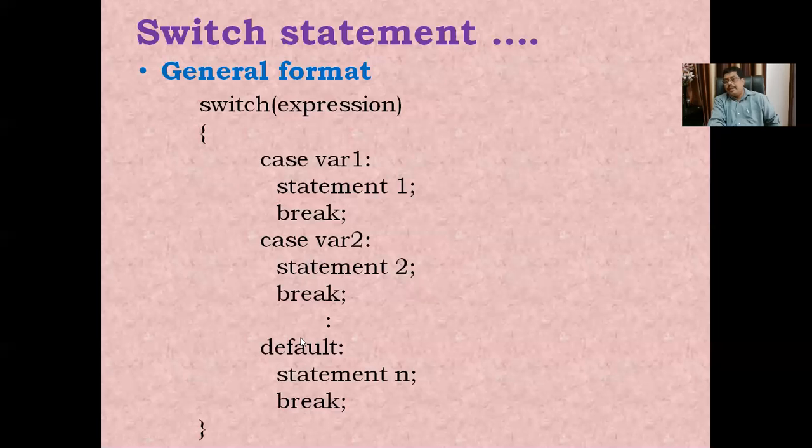Because of that reason, we use the break statement. You are already familiar with the syntax of the C language. Each statement ends with a semicolon, and for the case and variable we use the colon.